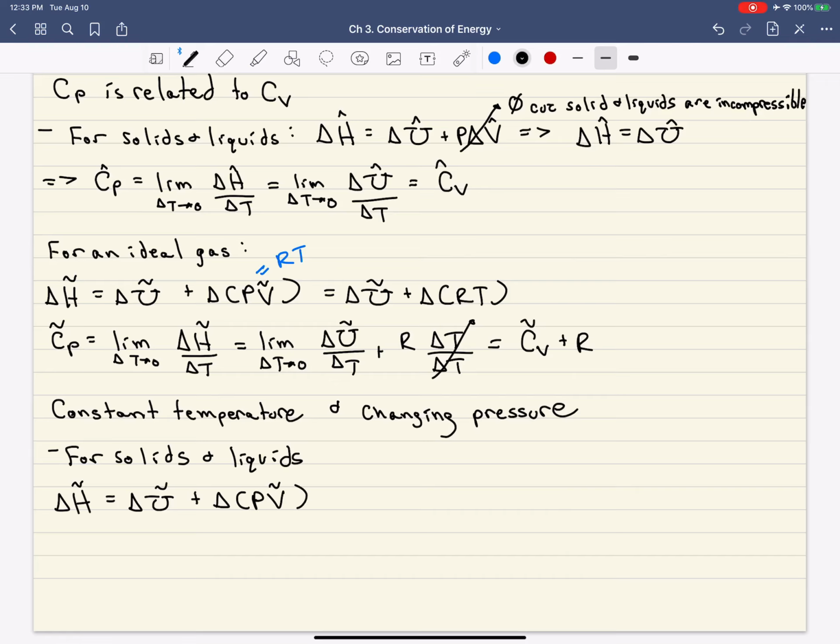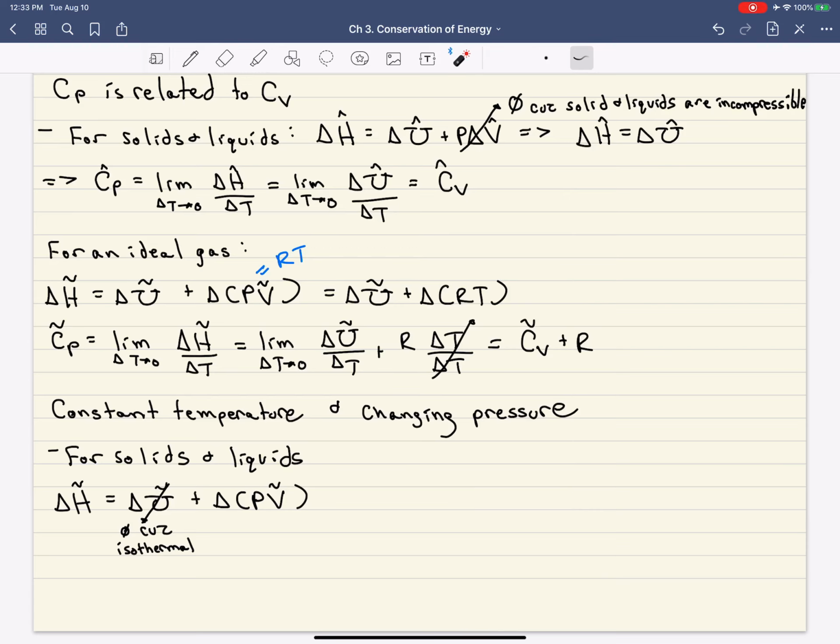With the change in internal energy, this term, we're going to cross it out and say it's 0 because the system is isothermal. So we don't have to look at that. For the PV term, it's constant temperature and changing pressure, so we can't take the P out of the delta. It's going to stay in there.